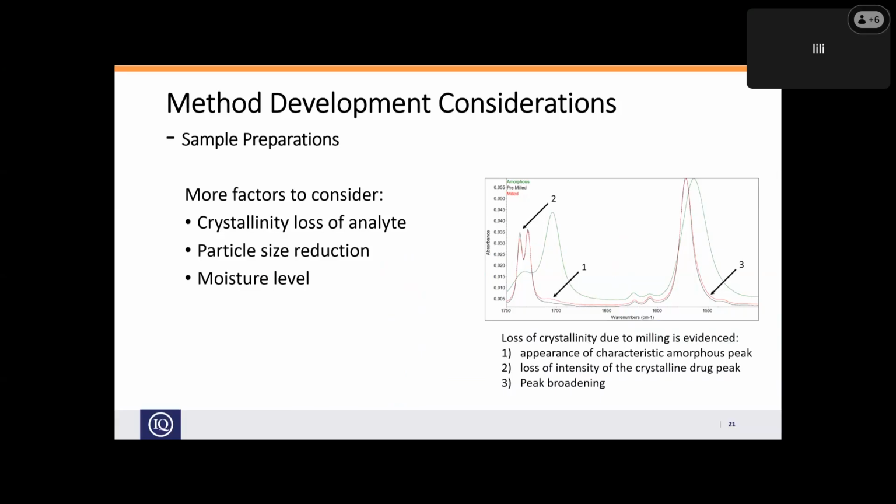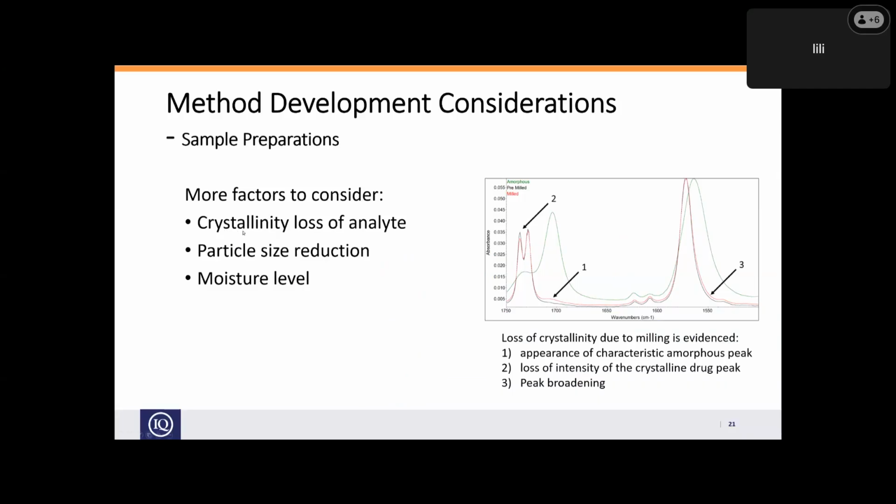So there are a few more sample preparation factors to be considered for crystallinity method development. This will include both sample preparation for reference samples as well as the actual samples that are to be tested for crystallinity.